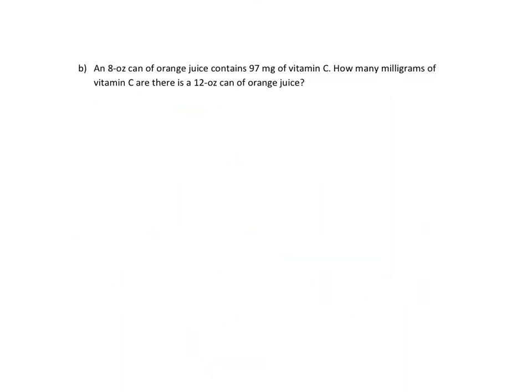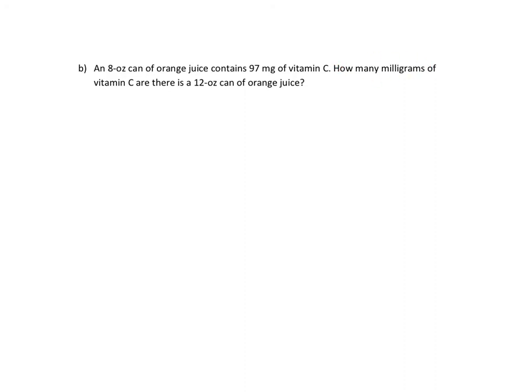Okay, so an 8-ounce can of orange juice contains 97 milligrams of vitamin C. How many milligrams of vitamin C are there in, that's supposed to be in, there's a typo there, in a 12-ounce can of orange juice? All right, so again, what are we looking for? We're looking for how many milligrams.